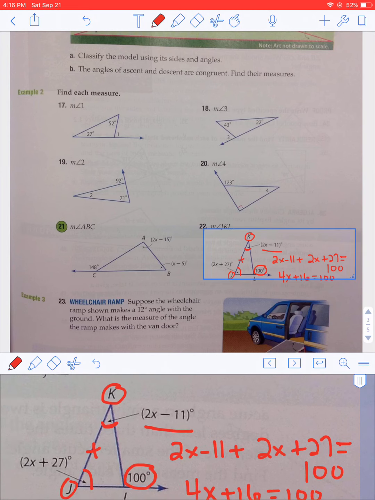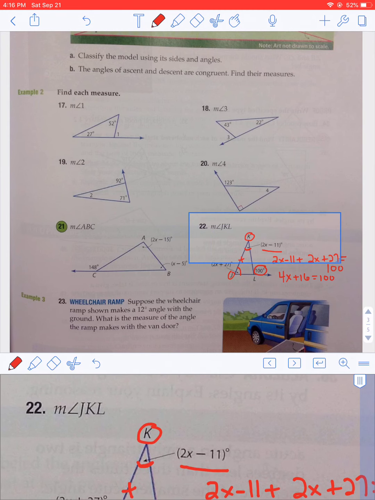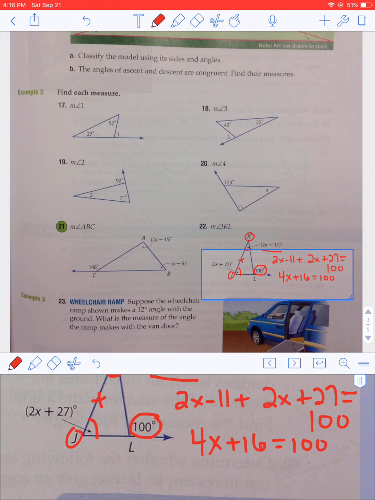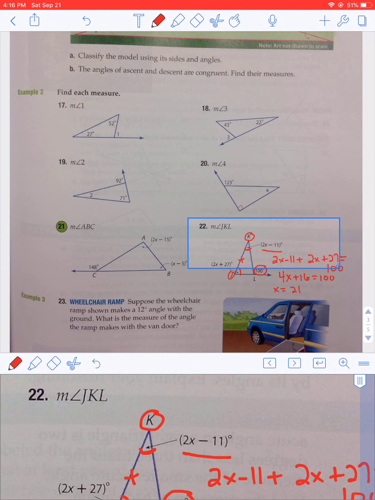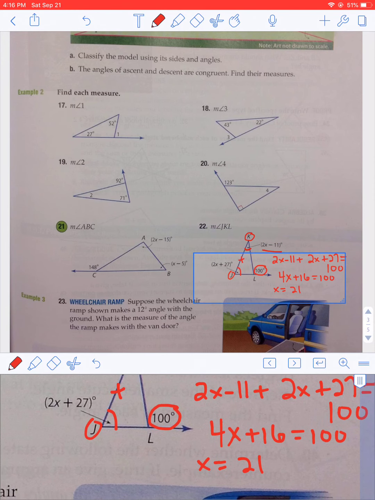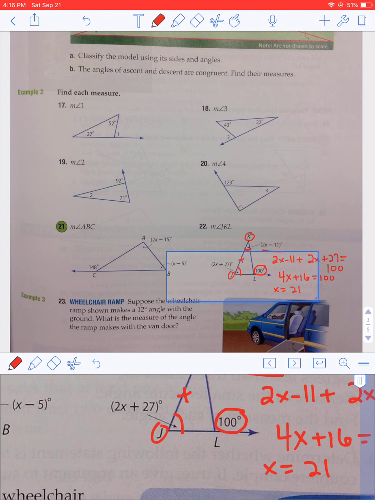But if you look back at the question, it doesn't ask for x. It asks for angle JKL. Well, angle JKL is 2x minus 11. So I'm just going to continue over here. So angle JKL equals 2x minus 11.